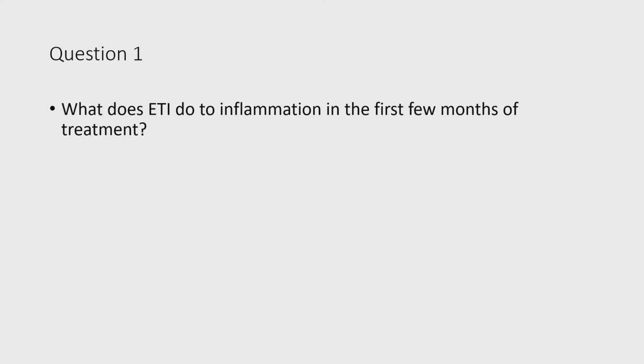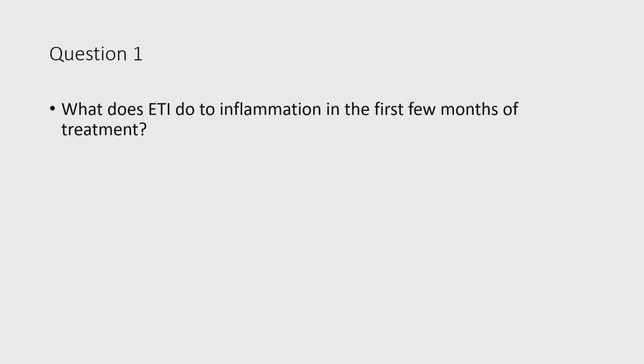So for the rest of the talk, I'm going to attempt to answer 3 questions, and I'll go through these in turn. The first question is, what does elexacaftor, tezacaftor, ivacaftor, ETI, do to inflammation in the first few months of treatment? The data I'm going to show you now is all unpublished.